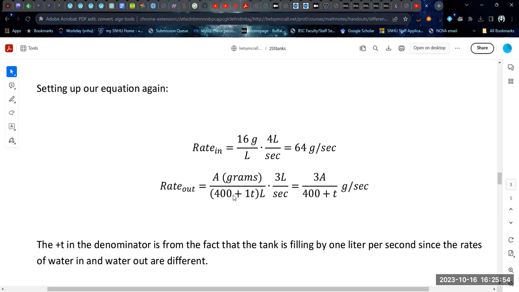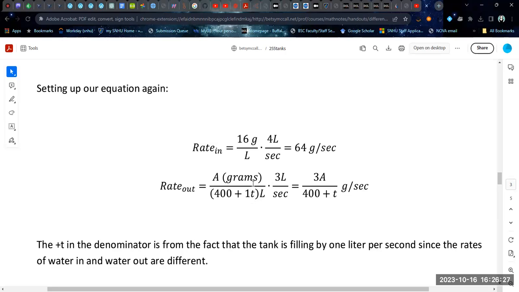So it's A over 400 plus 1 times t, because that 1 is the difference in the rate in and rate out. If it was coming in at 5 and going out at 3, it would be 400 plus 2t. If it was flowing out at 5 and coming in at 4, 4 in, 5 out, that would be decreasing the amount in the tank by 1. And so this would be 400 minus t.